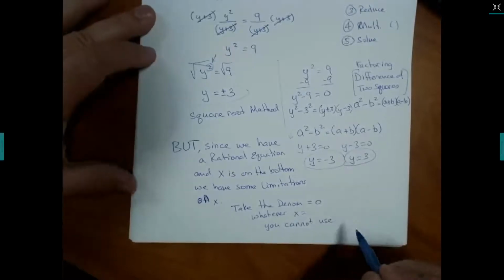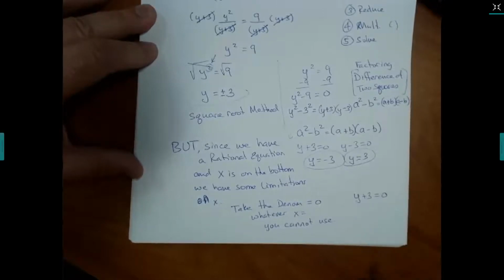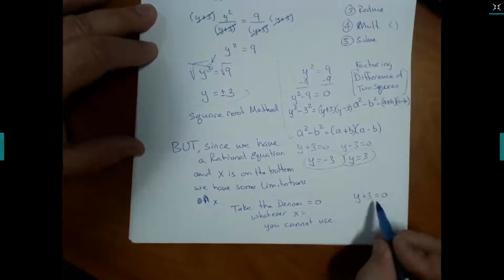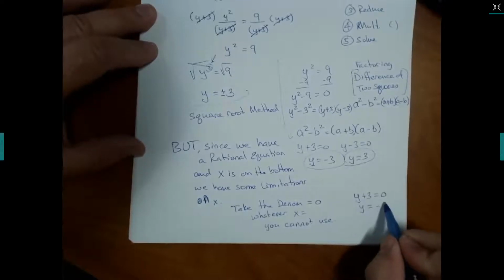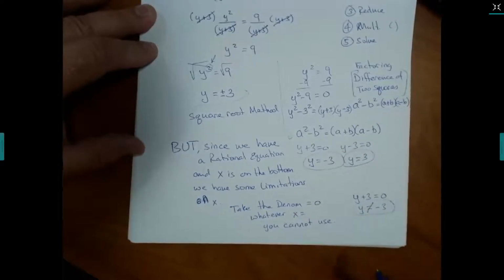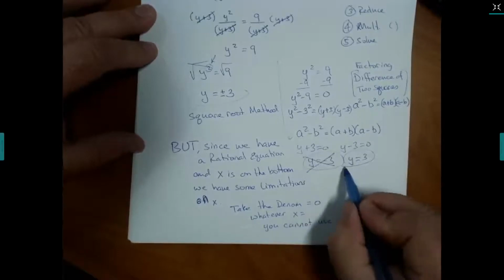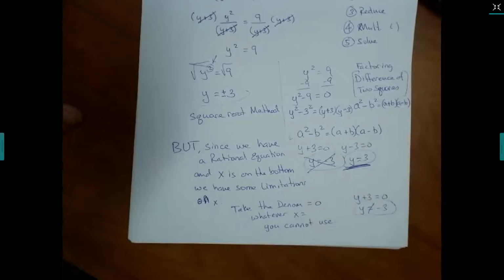So our denominator is what? y plus 3. Set it equal to 0. So when y equals -3, the bottom is 0, we can't have that. So this is our exception. Anywhere it's -3, we cannot use it. So our only answer is y equals 3.